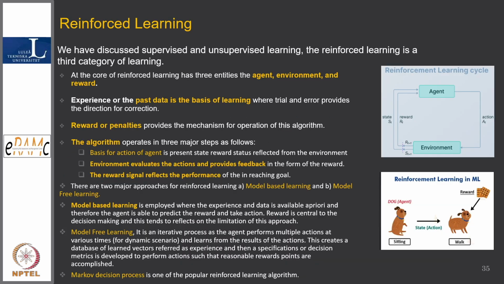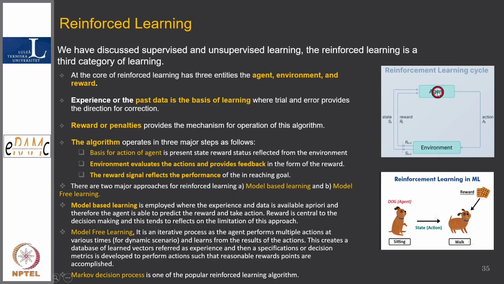And then reinforcement learning. It's a very powerful technique, because on one side we have supervised learning, unsupervised learning, and the third category is reinforcement learning. And here there are 3 elements: agent, environment, and reward. It's an elegant picture to demonstrate what it is.